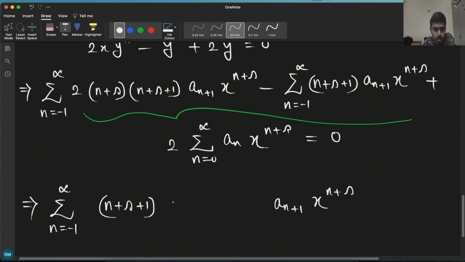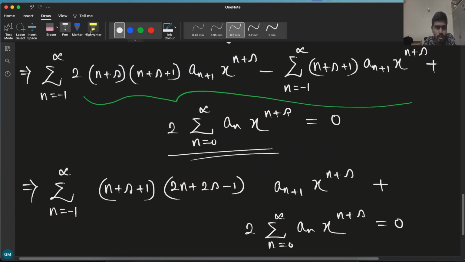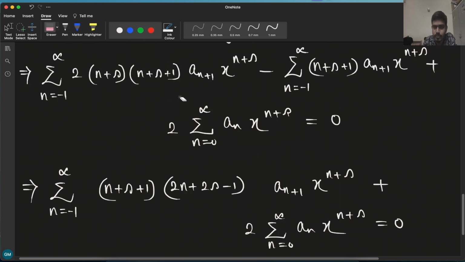So we are left with n plus s plus 1 times (2n plus 2s minus 1) a_{n+1}, and plus this term, which is 2 summation n equals 0 to infinity a_n x to the power n plus s, equals 0, right? So this is what we have.